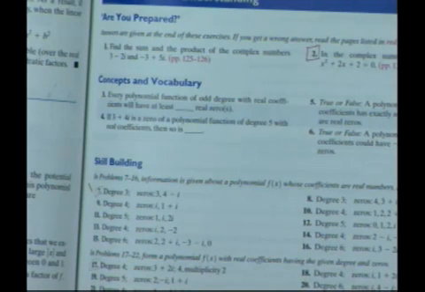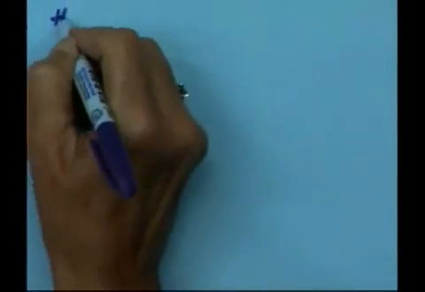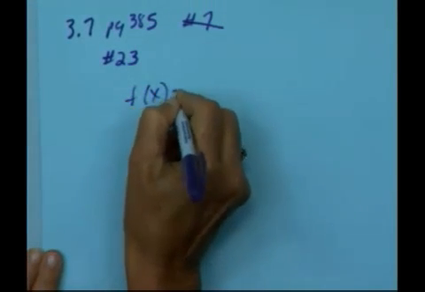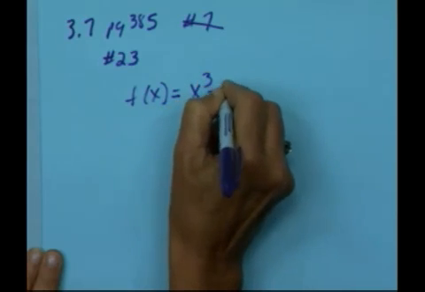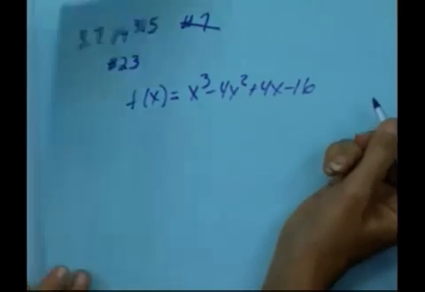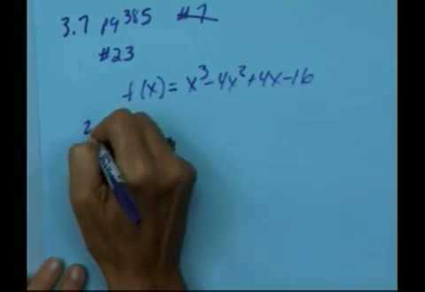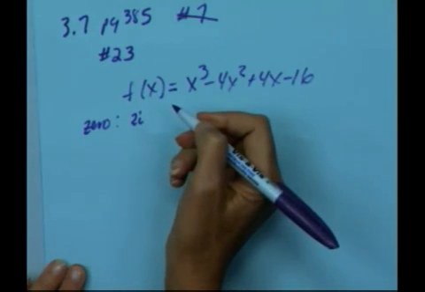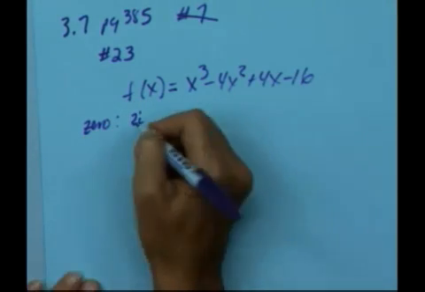All right, number 23. You're given the function f of x equals x cubed minus 4x squared plus 4x minus 16, and you're told that one zero is 2i, and you've got to find all the other zeros.